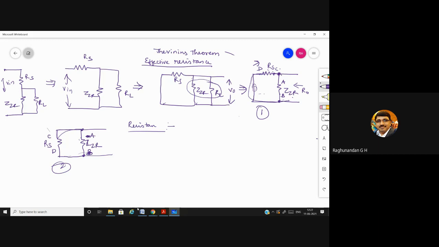Now, B is connected to D through this point. I'm trying to give clarity. Now tell me whether they are in series or in parallel, or the same or different.